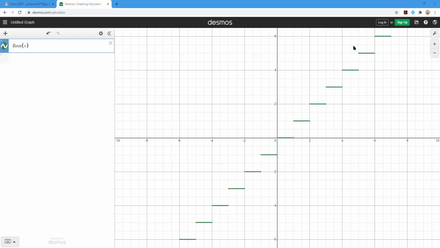See, this is the graph of greatest integer function. Can you see?